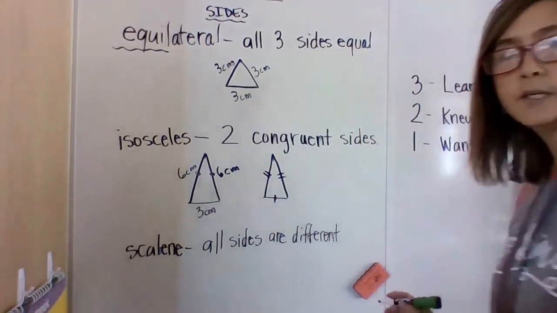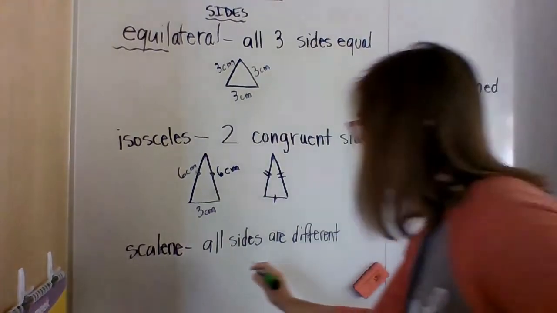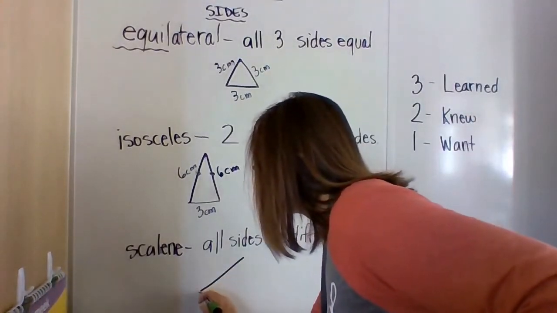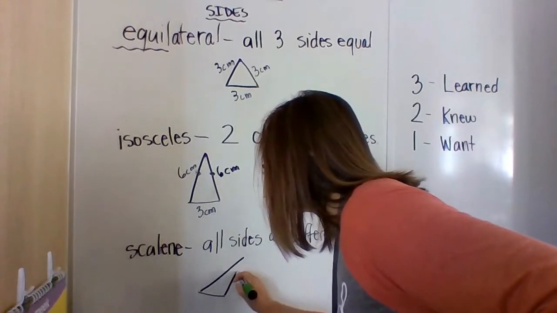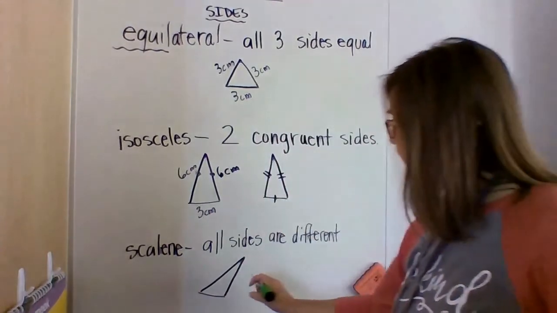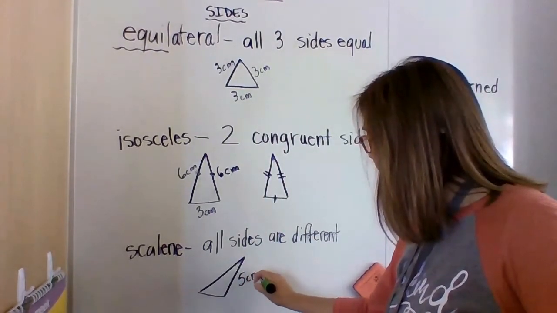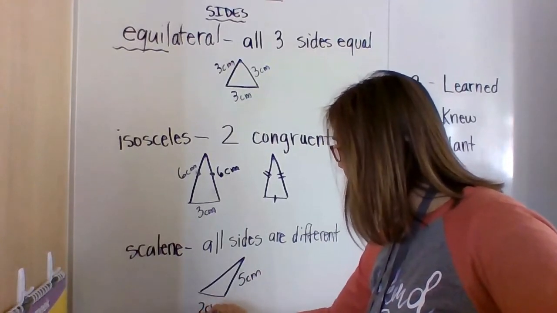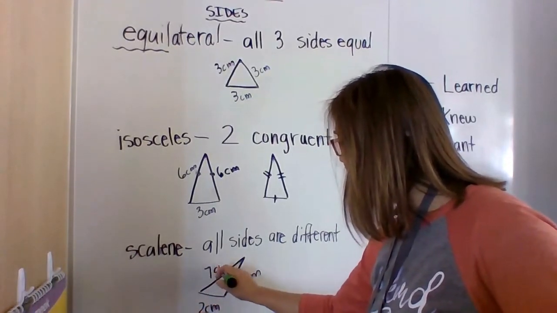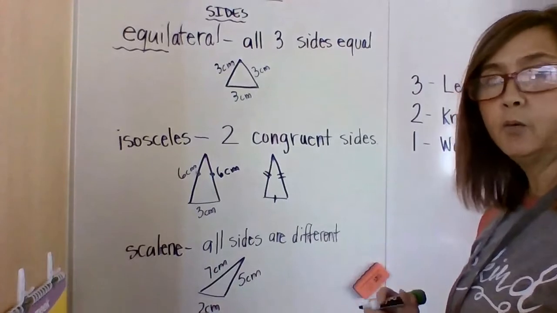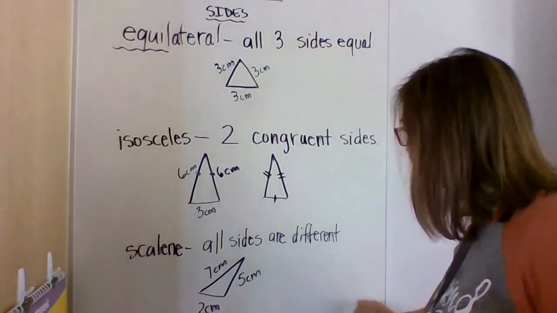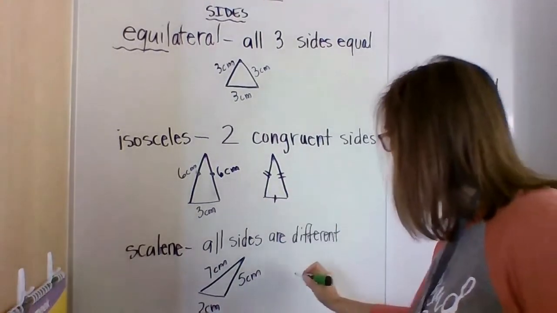Okay, all sides different. So on that type of triangle, you might say that this is 5 centimeters, 2 centimeters, and 7 centimeters. Or you could see it with those notation marks again that you see here.